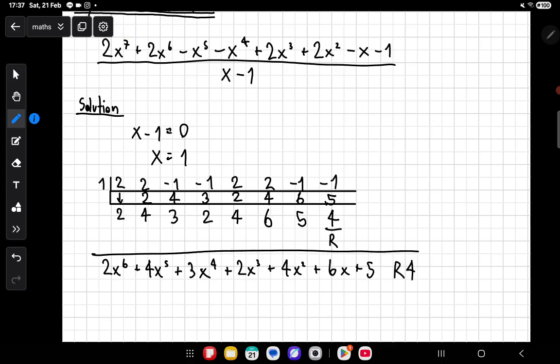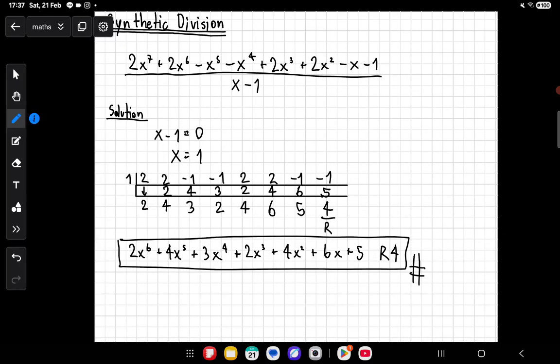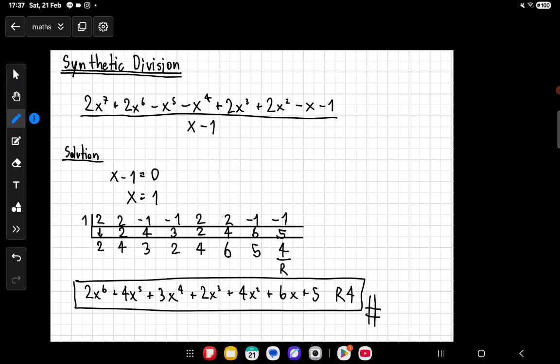And that is your answer. Or the actual answer that is correct, according to my solution. Alright, so this was how to do synthetic division.